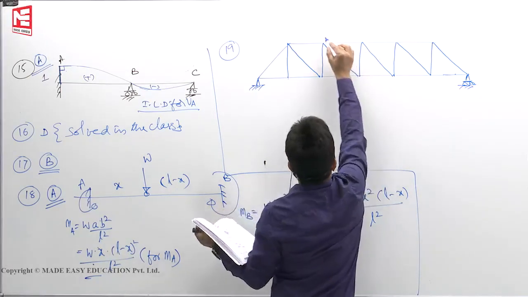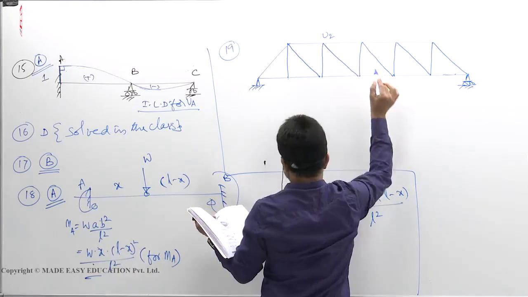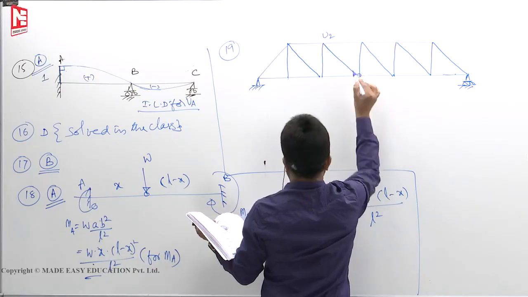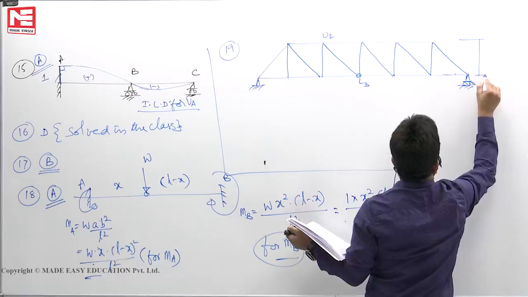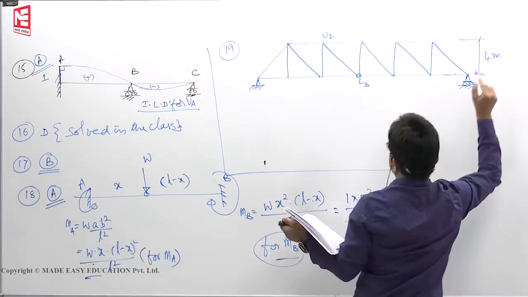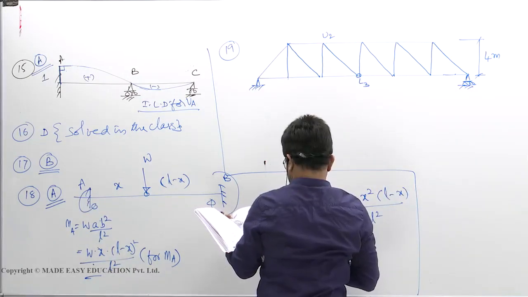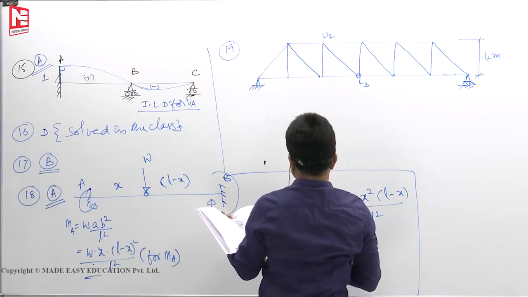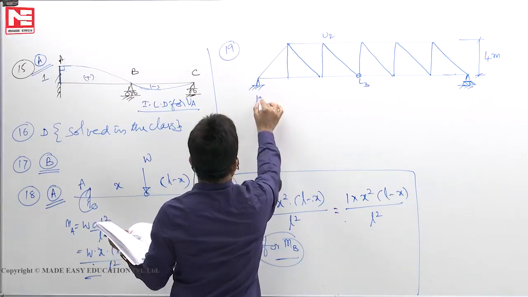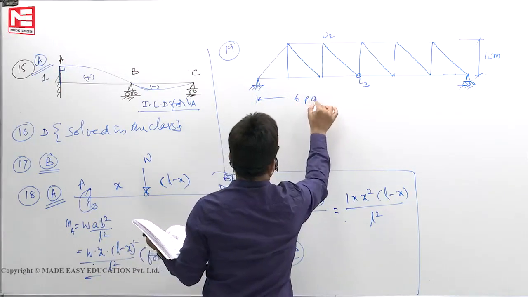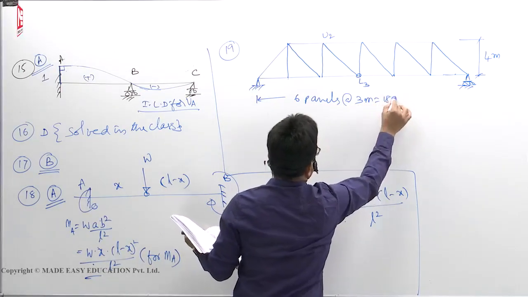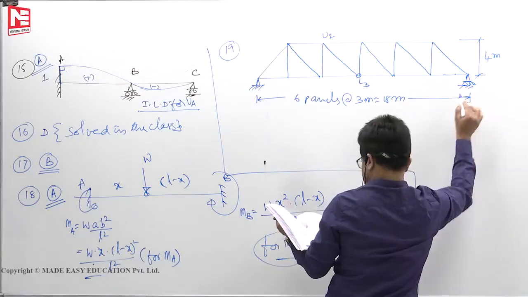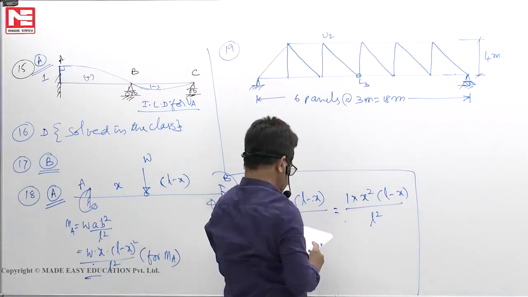This U2 he has taken. This is L3. U2 L3. Height is 4 meters. Now there are 1, 2, 3. So 6 panels at 3 meters. So you will get around 18 meters. Now truss dimensions are also given.